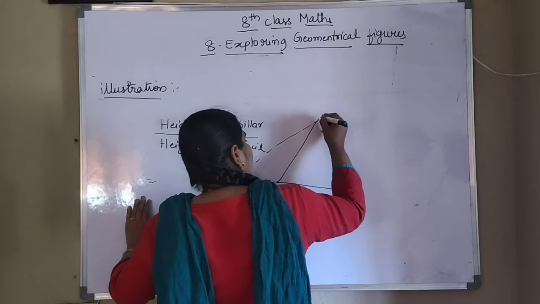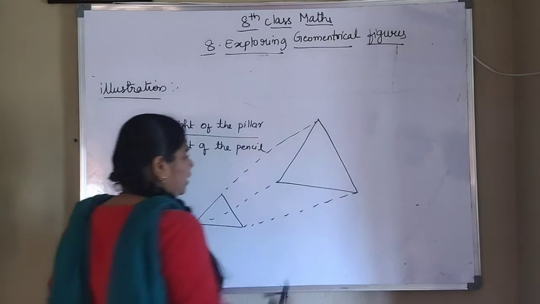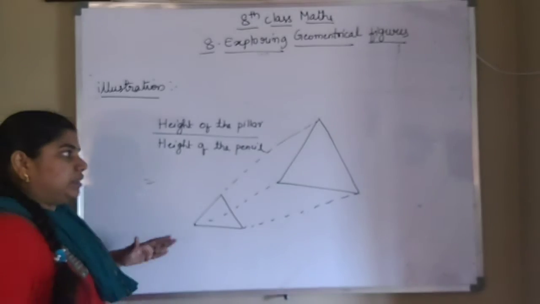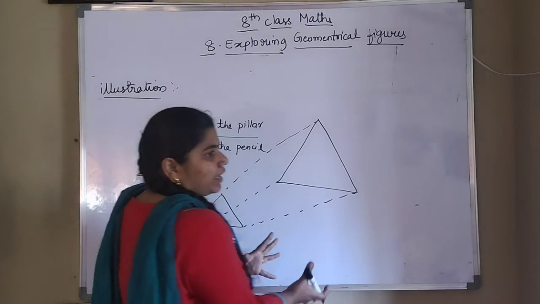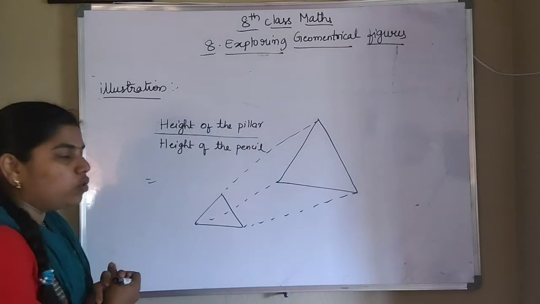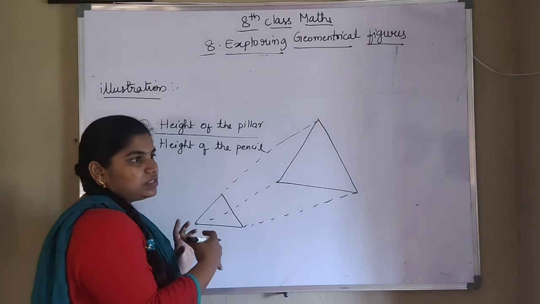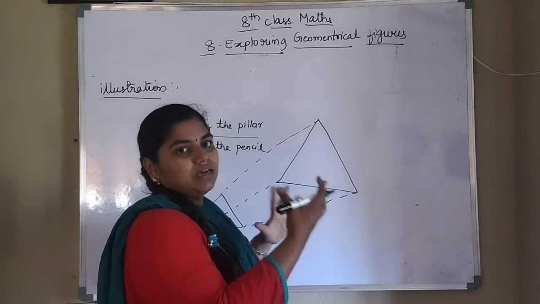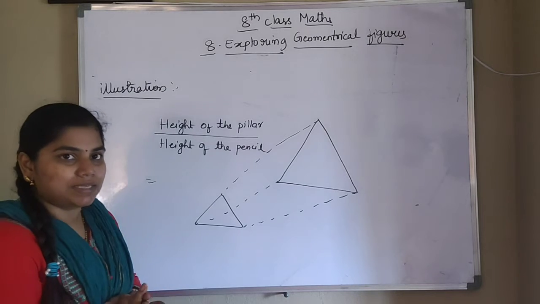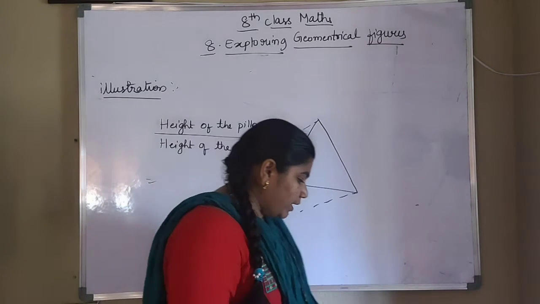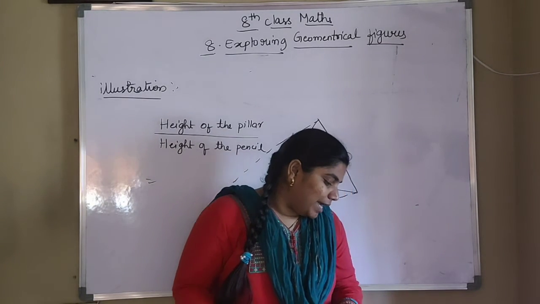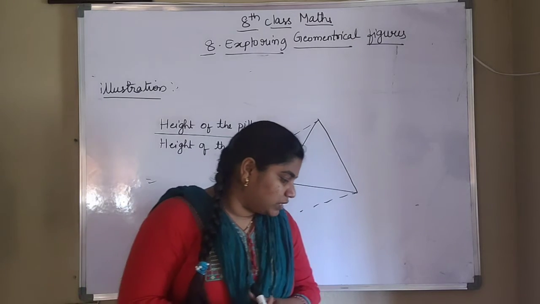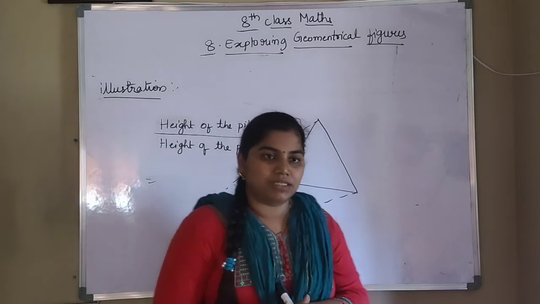This small triangle can be enlarged, and in the same way, a big triangle can be reduced also. That process of enlarging and decreasing the length, we will call dilation. So what do you mean by dilation? This method of drawing an enlarged figure and a reduced similar figure is called dilation.